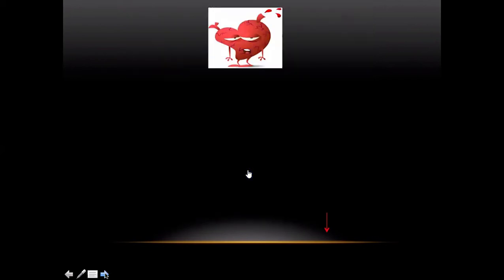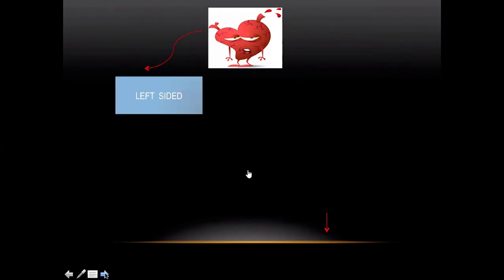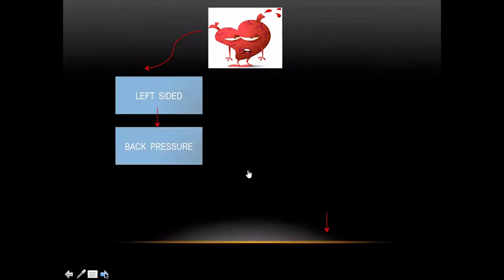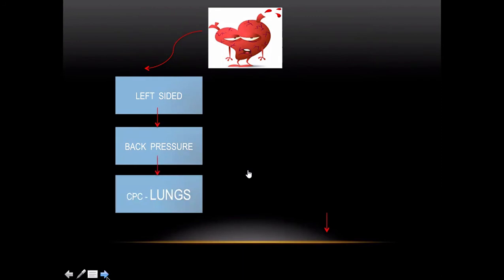Okay? So what happened? So if you have left-sided heart failure, ano ang sabi natin kanina kung left-sided? So babalik ang fluid, babalik ang blood to the saan? So there will be back pressure where? Lungs. Okay, sa lungs, di ba? So if the blood goes back to the lungs, there will be a stagnation of the red blood cells in the lungs.